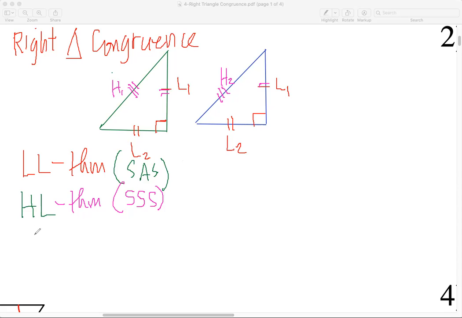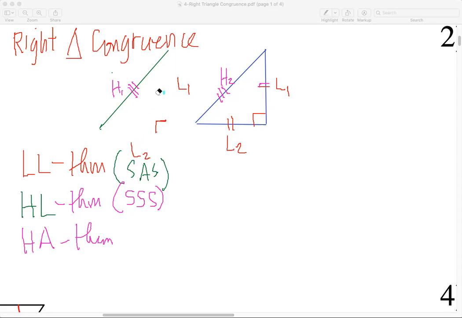And the last theorem is what we call the hypotenuse angle, or the HA theorem. The HA theorem tells us that we will be using the hypotenuse and one of the acute angles of the triangle.